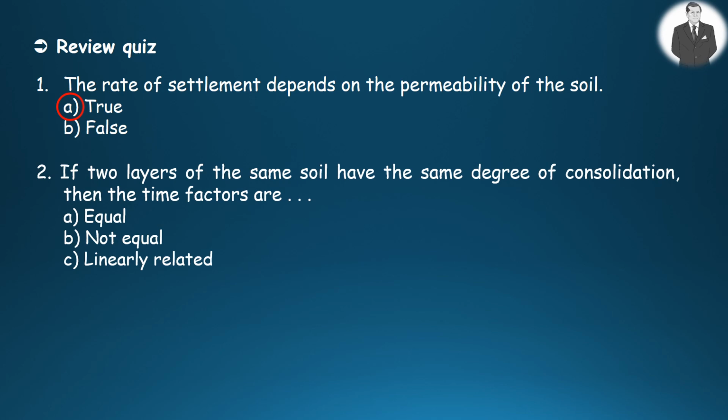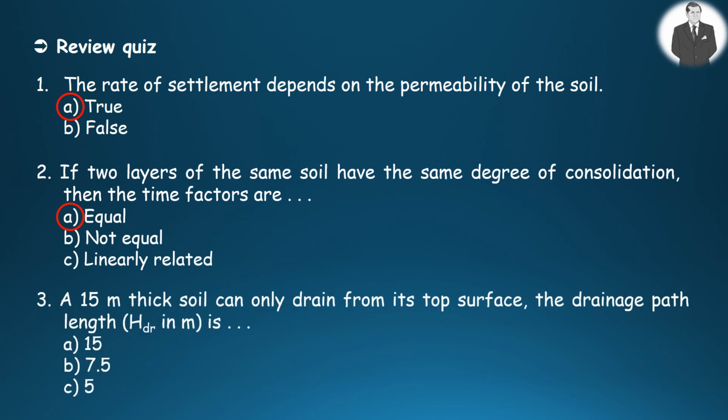Be careful. The answer is A. They are equal. The third question is: a 50-meter thick soil can only drain from its top surface. The drainage path length is then very easy. Yes, the answer is A. Well done.